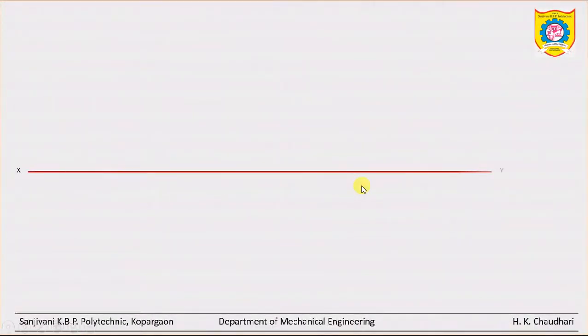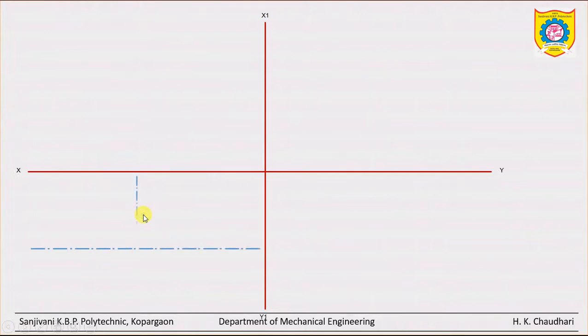First draw xy line, then x1 y1, then first produce the square base. We know how to draw the square base, considering their edges are equally inclined to this xy line, that means 45 degree.